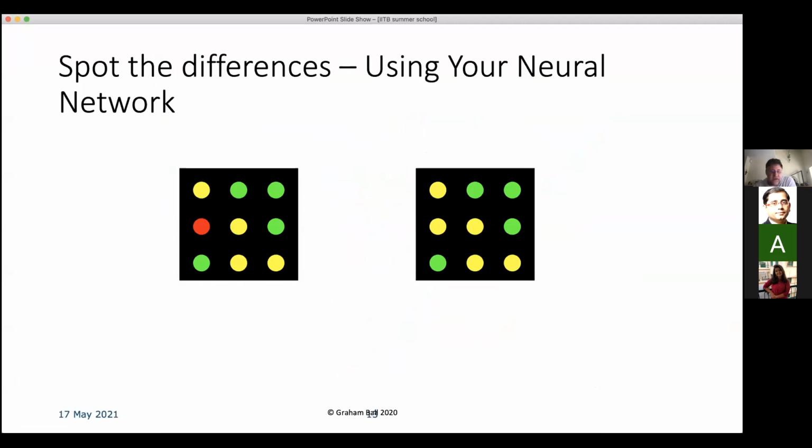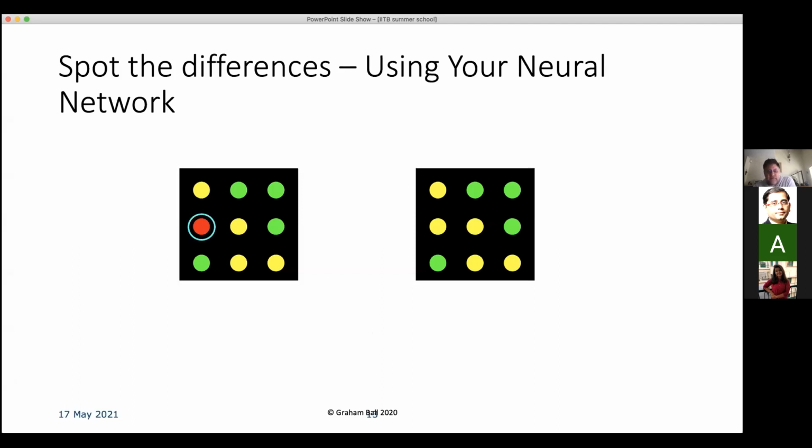So here you can see that there's one dot that has a red dot in this individual and a yellow dot in this individual. Otherwise, the remaining bits of the array are the same. So that's quite a simple problem. You can spot that difference quite easily. And the human mind is very good at spotting simple differences. It's a survival mechanism.